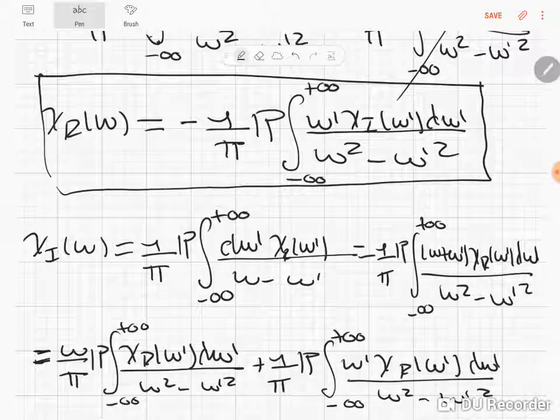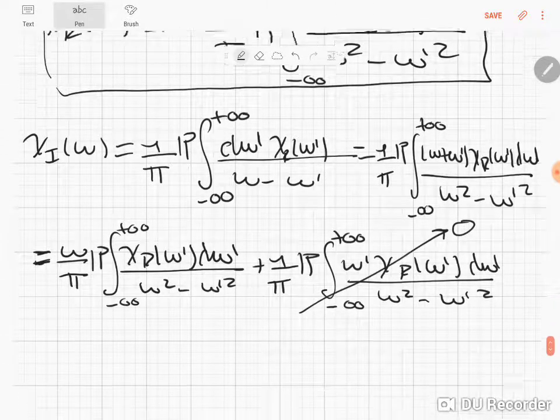So what we have here is that this integral is 0 because omega prime, which is linear and odd, is multiplying chi real of omega prime, which is even. That means that the product is odd and is divided by an even function in omega. And so this integral from minus infinity to infinity of an odd function is 0.